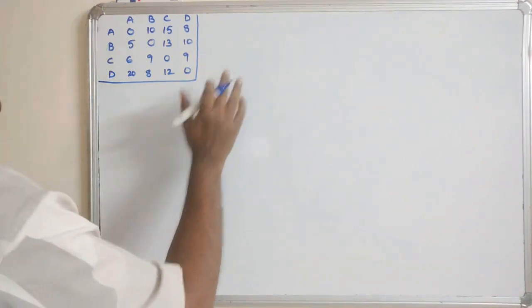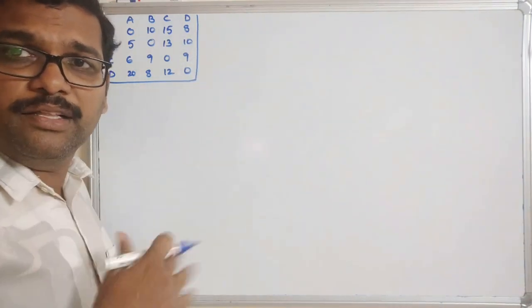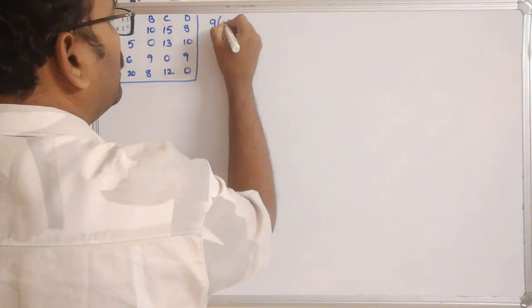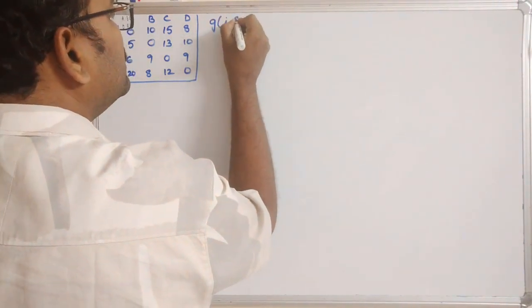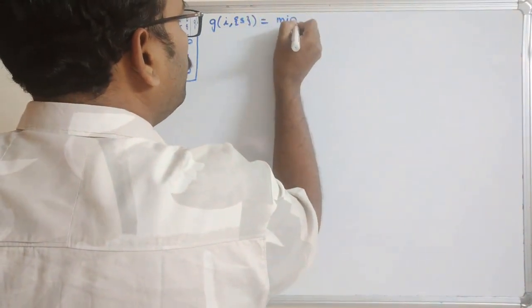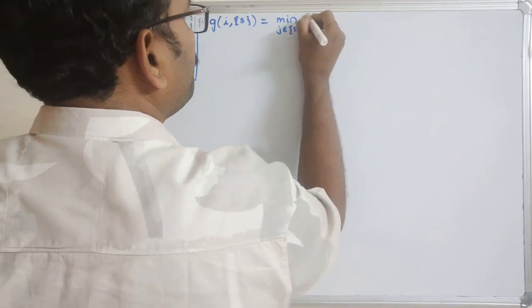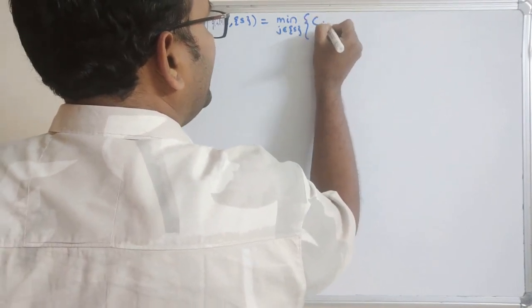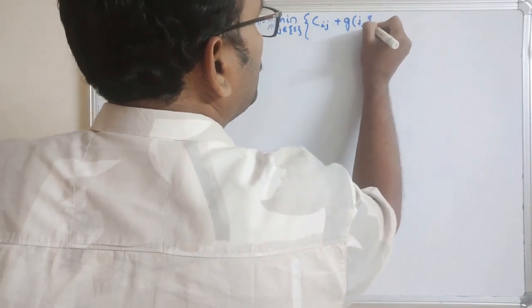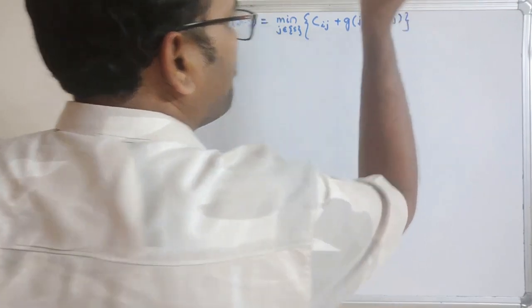Now first we'll write the formula. We need to remember two formulas before starting the solution. G of i comma set S is equal to the minimum over j belonging to set S of cost of i j plus G of j comma set S minus j.